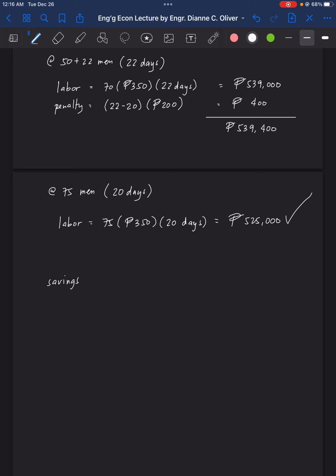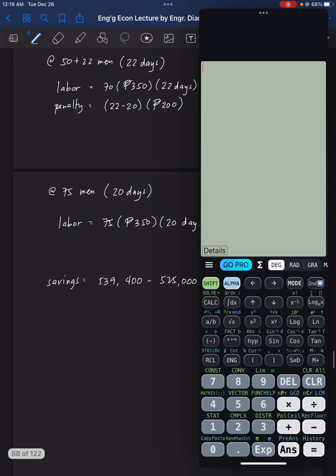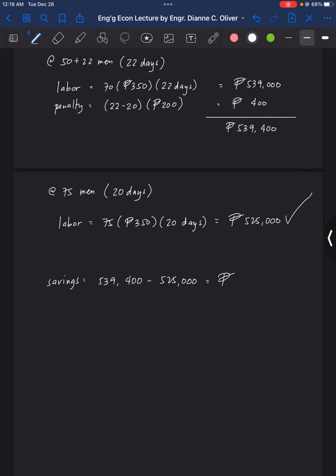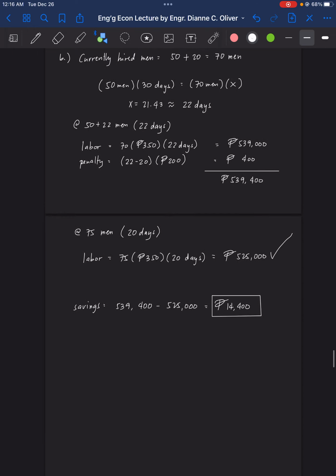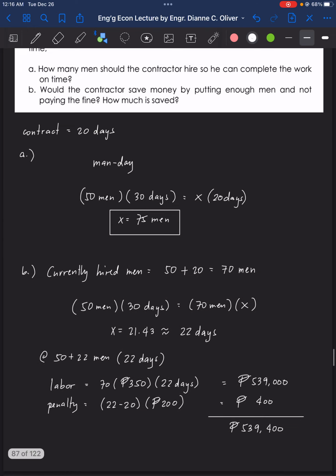Savings is equal to 539,400 minus 525,000. So that is equal to 14,400. So that's for problem number 4.